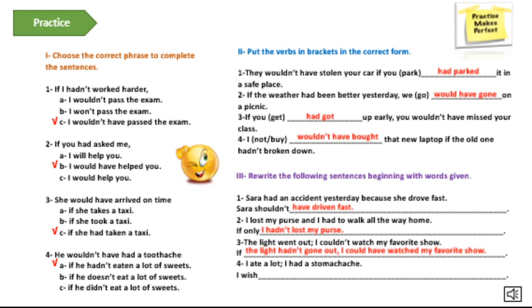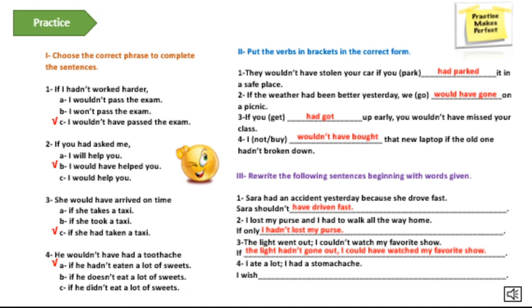Now the last example. I ate a lot. As a result, as a consequence, I had a stomachache. So here we have I wish, and I need to express regret here. So what should I say? So when we have if only, I wish, and the same like should, we just take the cause, okay?